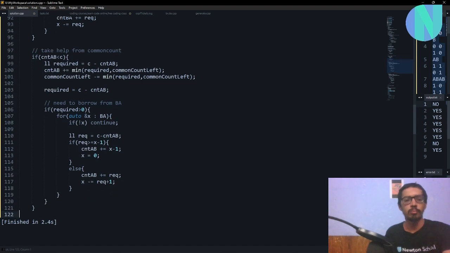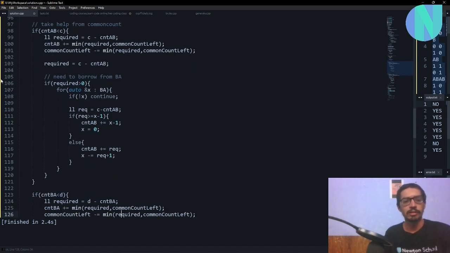Then I will borrow from BA, and you can see here when I'm comparing, I'm comparing x minus 1 because it is contributing 1 less, because I have to remove A and B to take AB from BA strings, right?